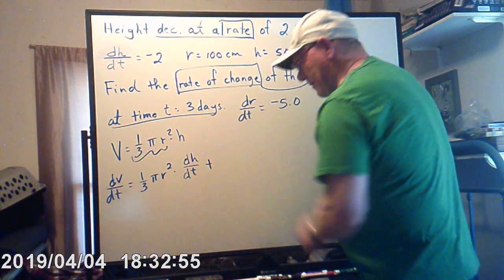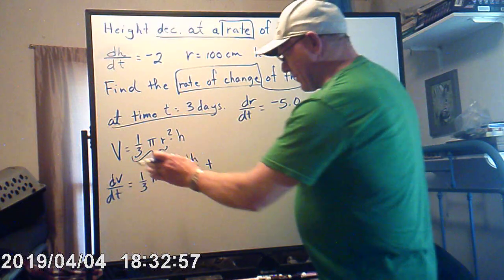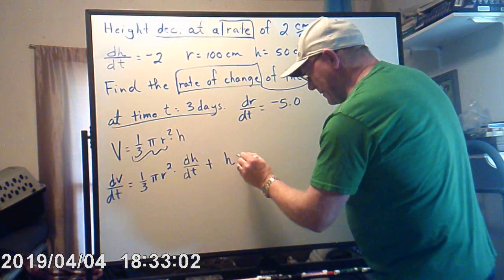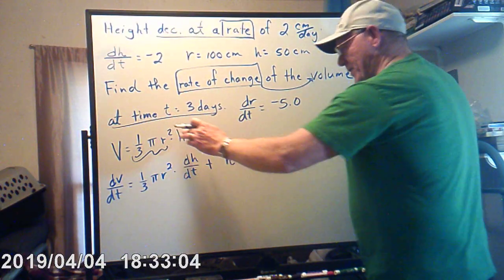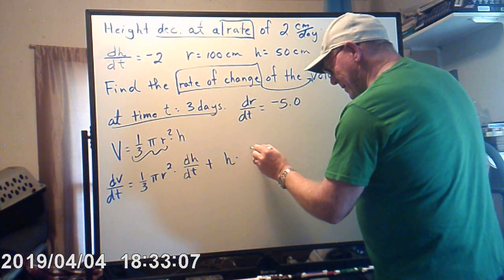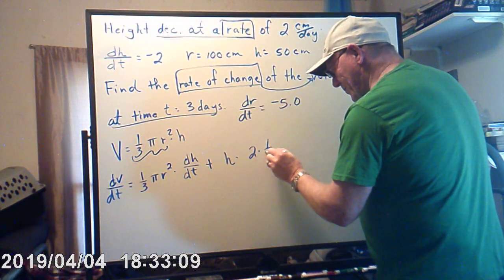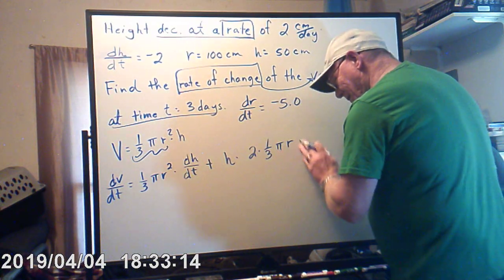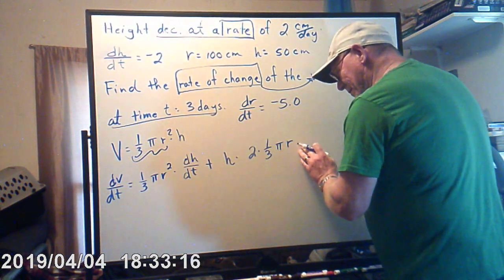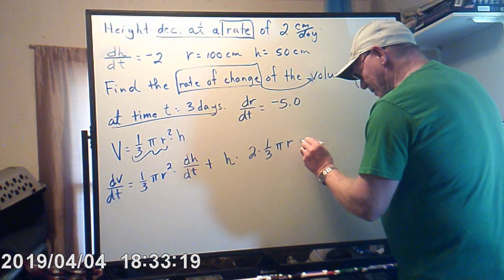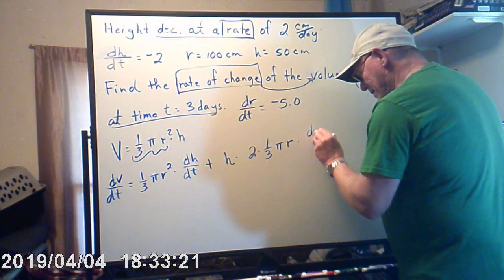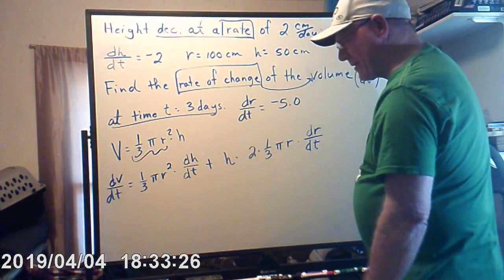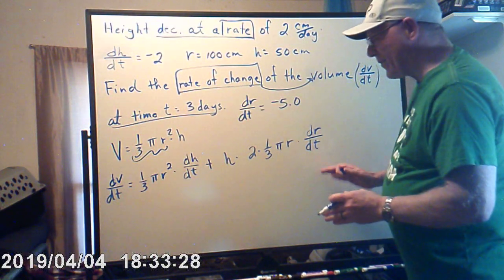Now remember, that is plus, the first times the derivative of the second, plus the second times the derivative of the first. So that's 2 times 1/3 pi r. And remember, we've got to take that derivative too. So there's where the dr over dt comes in. Cannot leave that out. That's so important that you remember that right there.